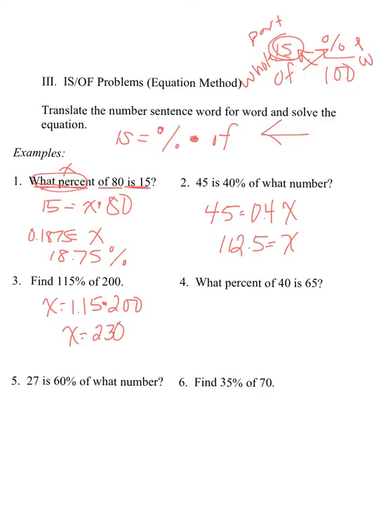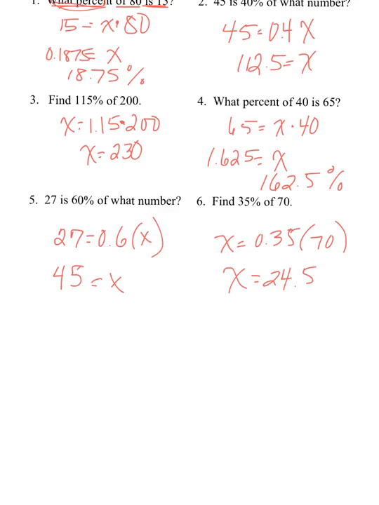What I want you to do now is pause the video, do 4, 5, and 6, and then unpause it and check. So you can check your answers with these. Take a look at number 4. It does say what percent of 40 is 65. Notice that it's 162% because your part, this piece, is actually greater than the whole.